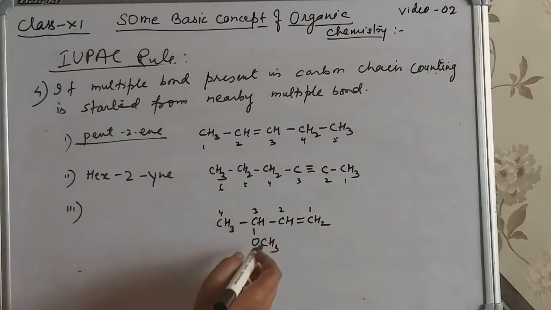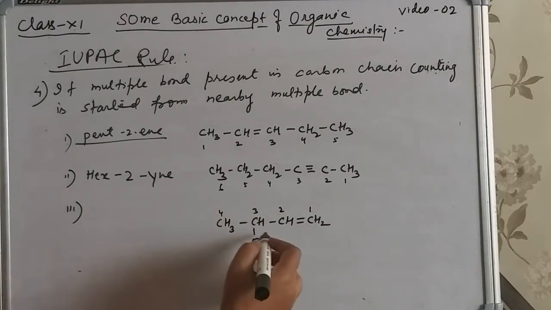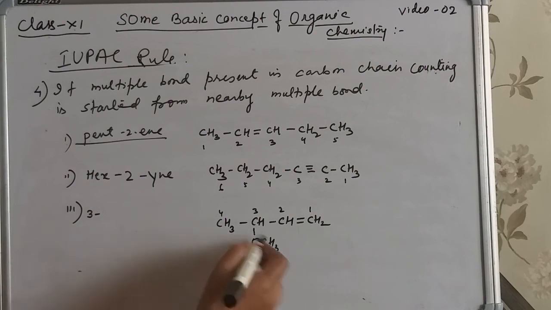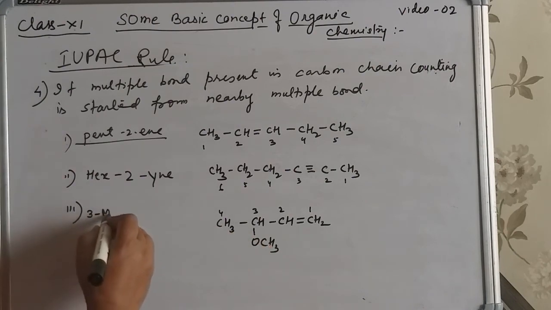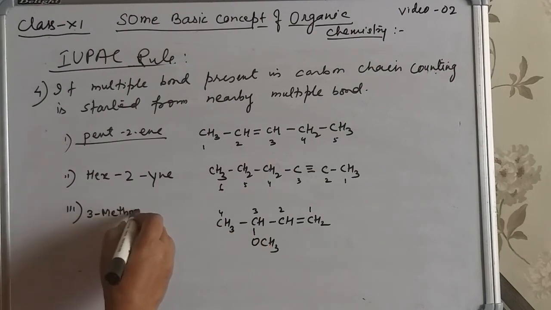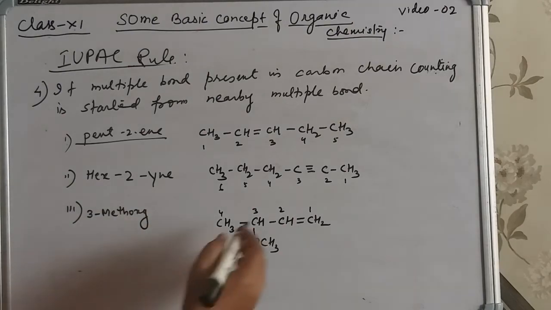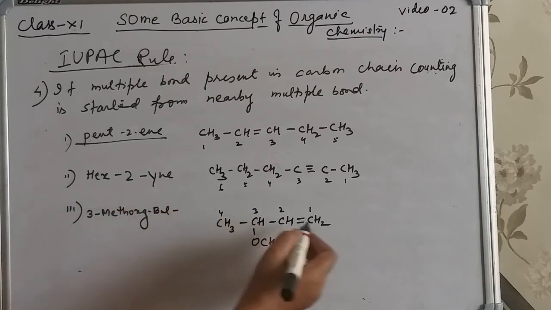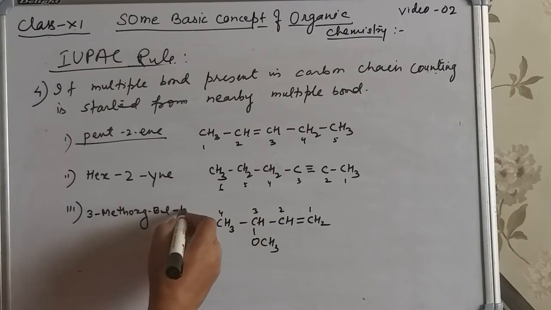So position 3 contains the functional group which is called methoxy. So the correct name, at first according to the rule, we write the prefix 3-methoxy, and the parent chain contains 4 carbon atoms, so but, and the multiple bond comes at first position, so 1-ene.